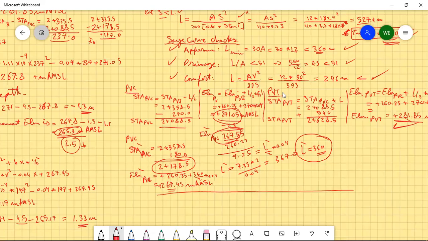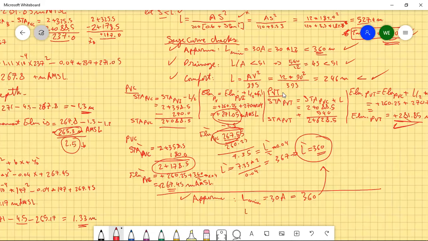So here we need to check for the appearance. Okay, we have L minimum equal 30A, which is basically 360. That's equal to this. So this meets the minimum requirement for appearance, so this is acceptable.